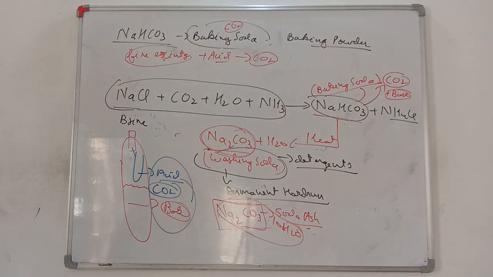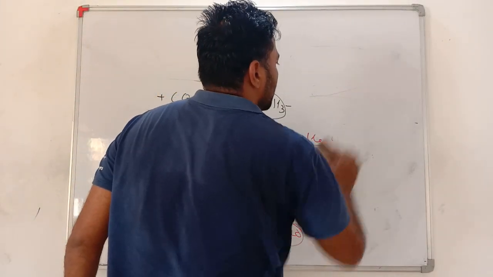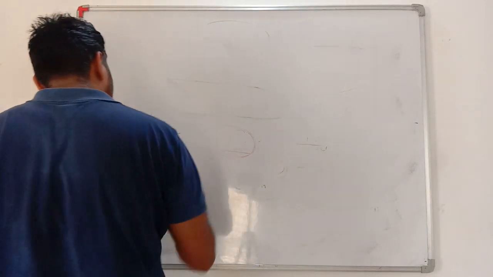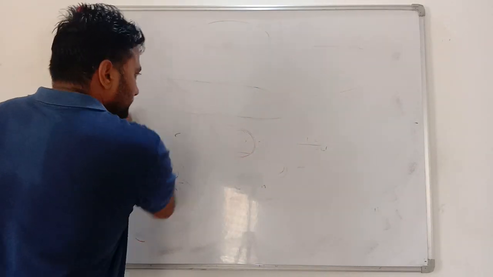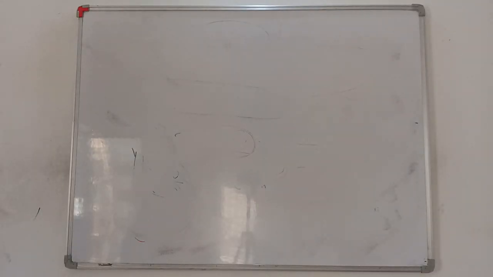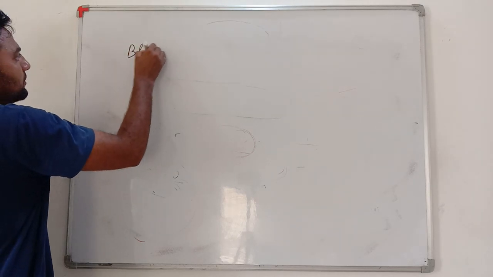Okay, my dear student, now we will do bleaching powder. First of all, we must know the meaning of bleaching. Bleaching is a property to remove color from any cloth.